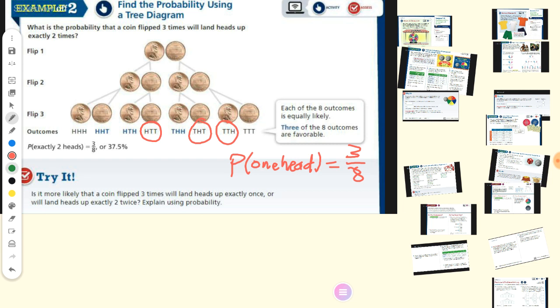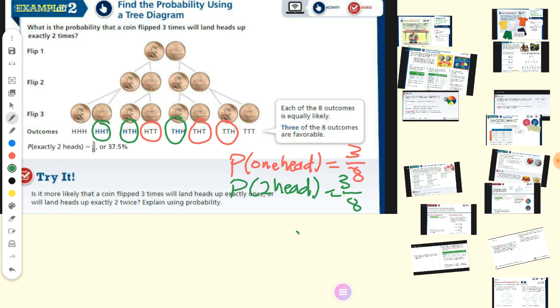Exactly 2 heads, exactly 2 heads, 1, 2, 3. Yes, 3 is 2. So the probability of exactly 2 heads is also 3/8.